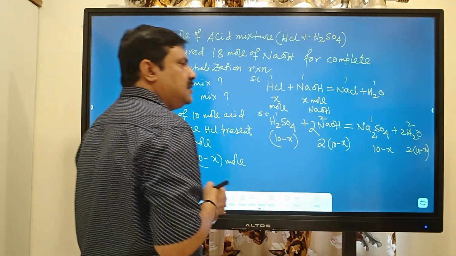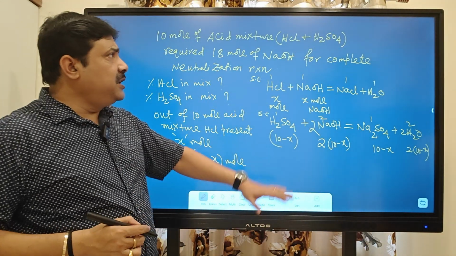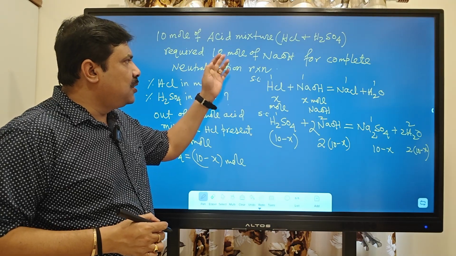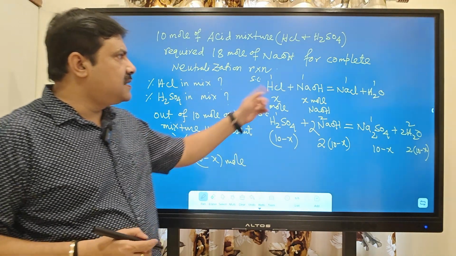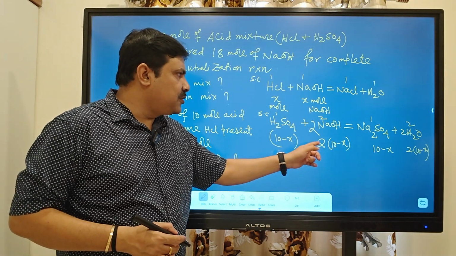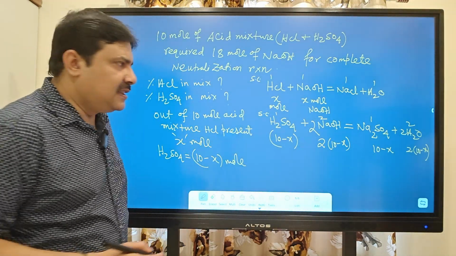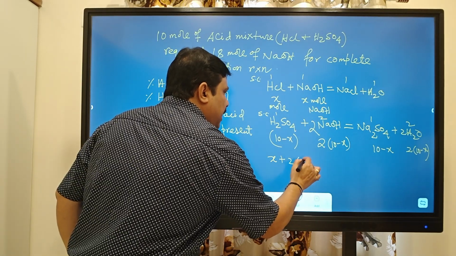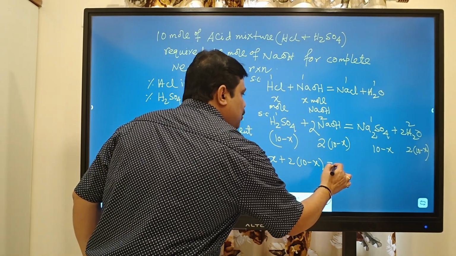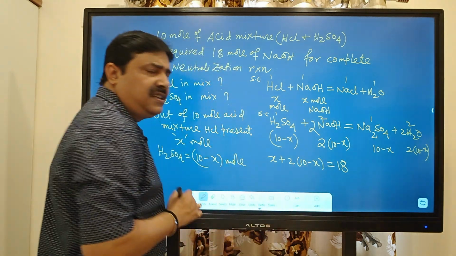Now look at the total NaOH consumption, which is given as 18 moles. Total NaOH consumption is x moles for HCl and 2 into (10 minus x) moles for H2SO4. So x plus 2 into (10 minus x) equals the total moles of NaOH, which is 18.